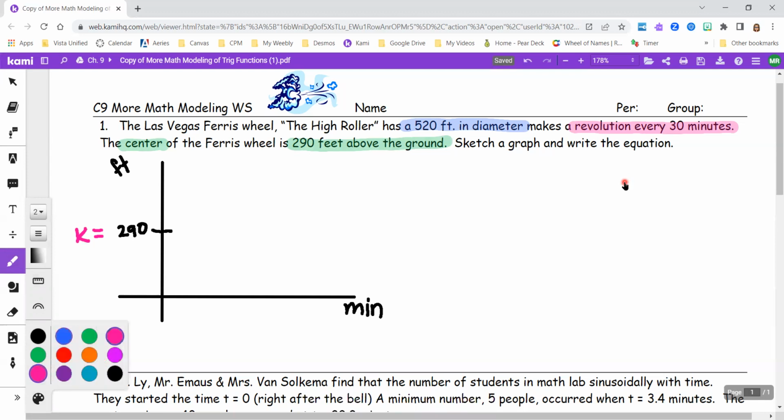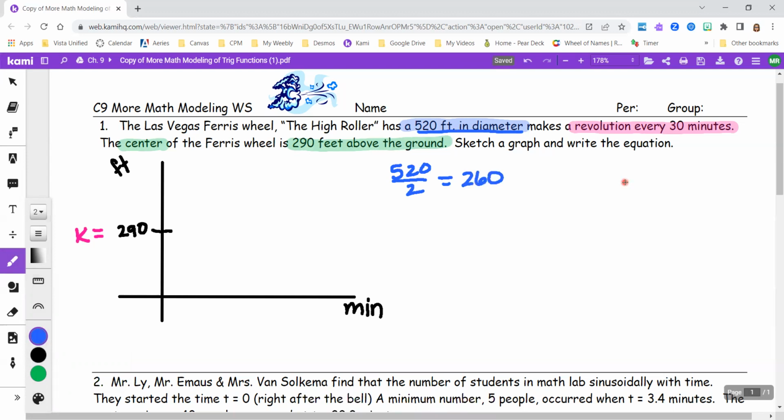We also know that our diameter is 520, so it's going to be 520 from high to low. If I take 520 and divide by 2, I end up getting 260. So I'm going to be going 260 above and 260 below.